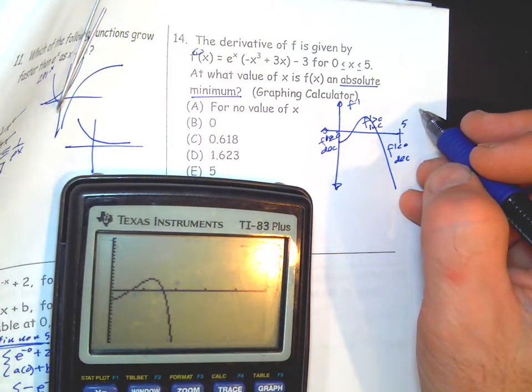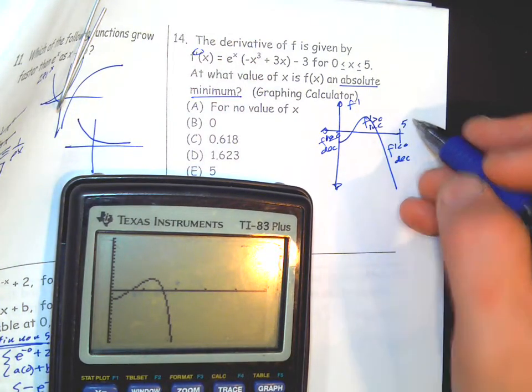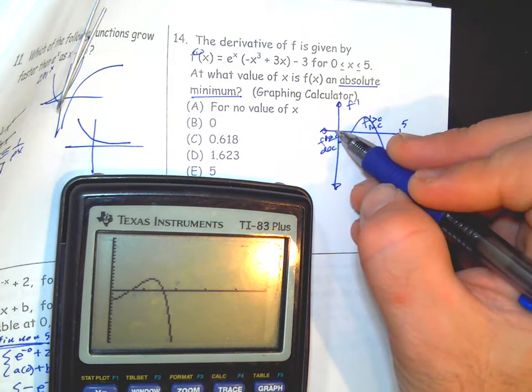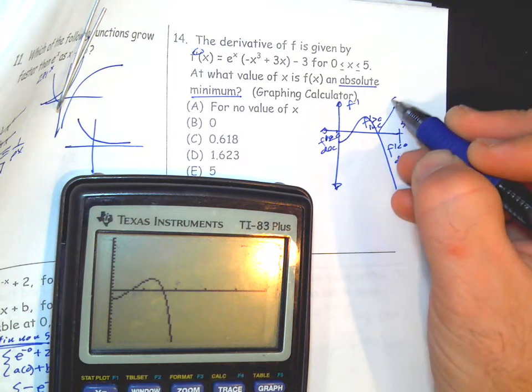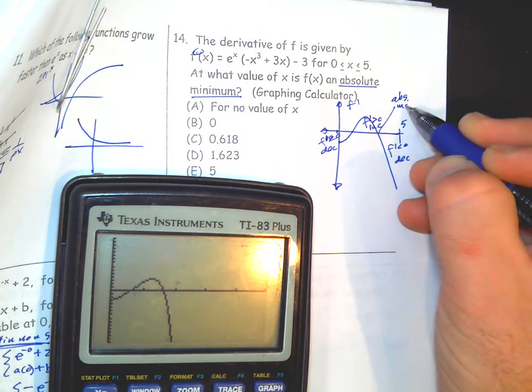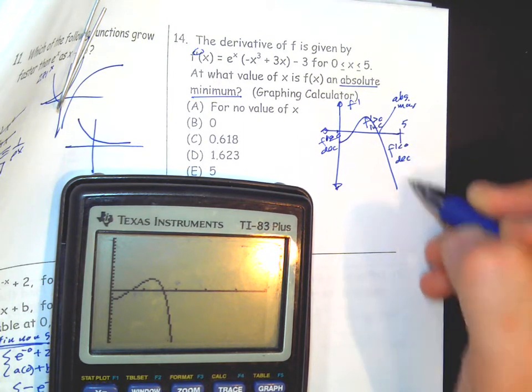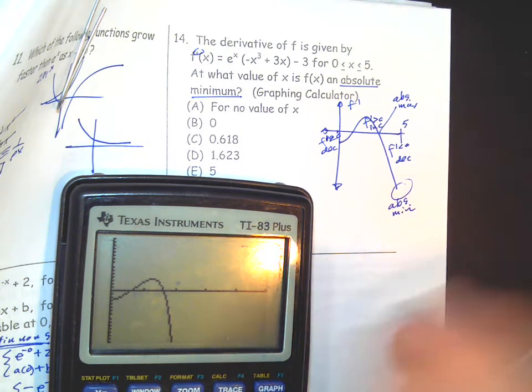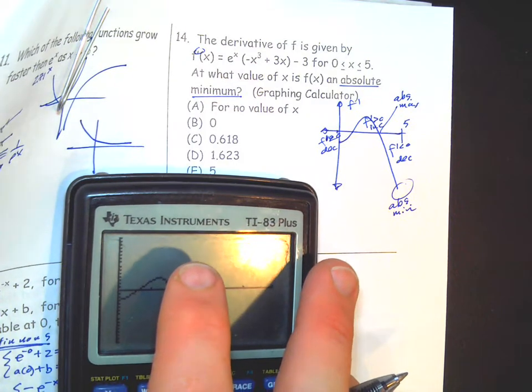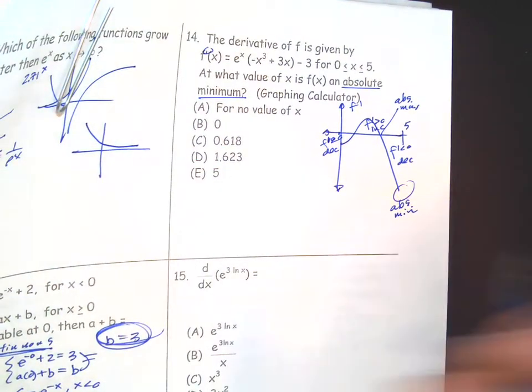So we're looking for the absolute minimum. It starts over here on the edge, goes down a bit, goes up more. So this is probably the absolute max, and then it dives down. So the absolute min is going to definitely be over here on this endpoint. So at what value of x do you have the absolute min? 5.